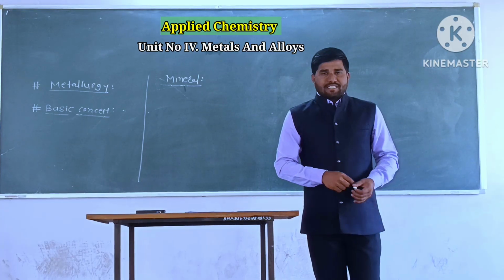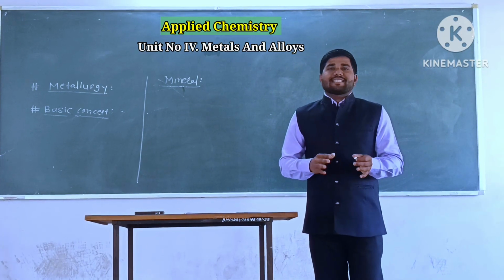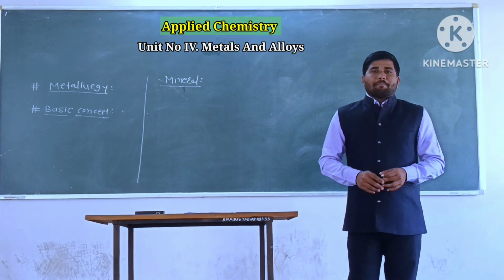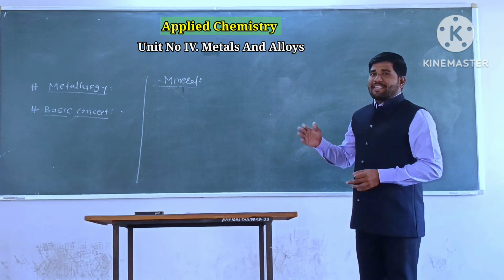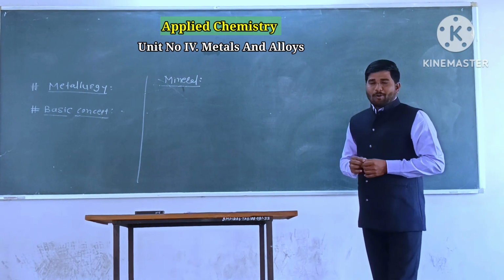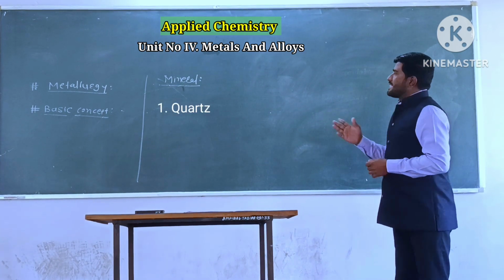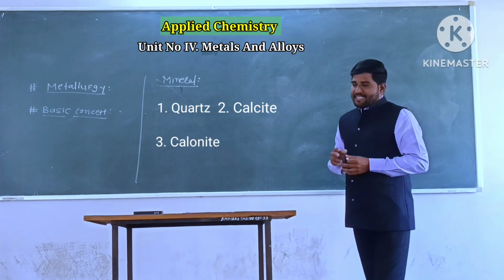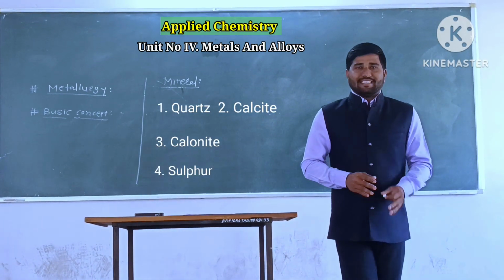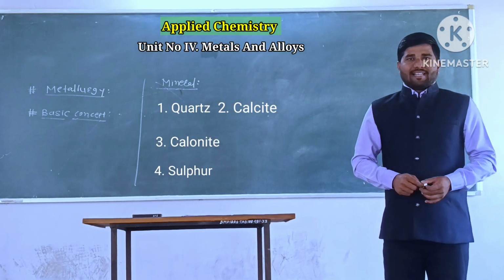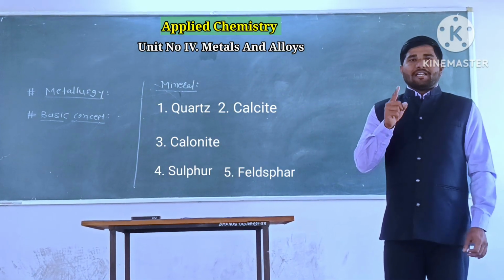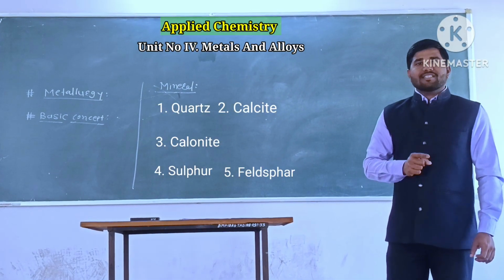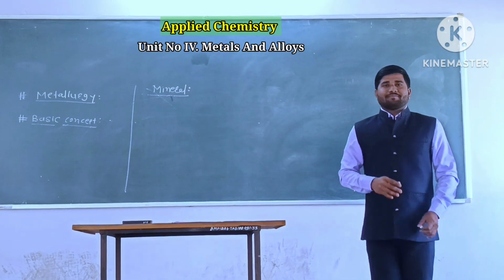Let us see all these examples by image: the first example, quartz, then calcite, then cannonite, then sulfur, and the last one is feldspar. So this is the first concept, or first definition, mineral.